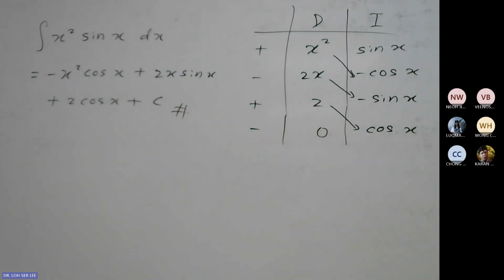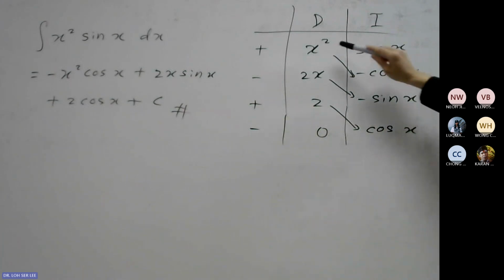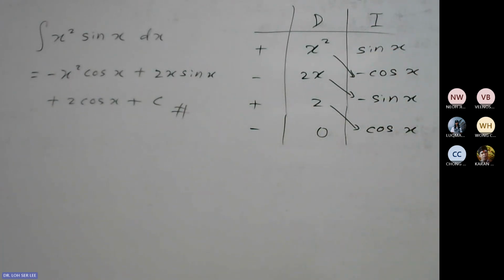If it is positive it will be long, x cubed, that's when you have one more row. So this one, you don't have to repeatedly use uv minus the integration of v du. This one, you can get the answer very fast.